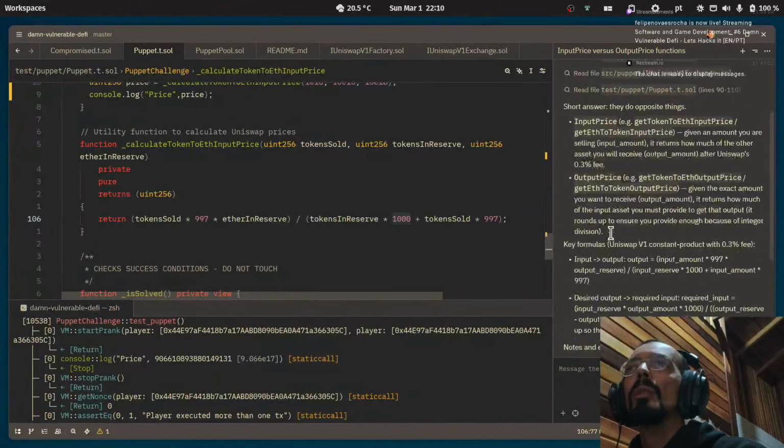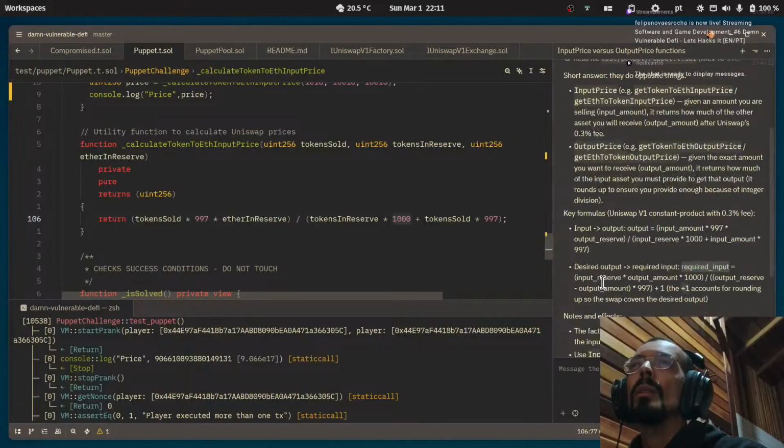So key formulas: that's gonna use the constant product with the 0.3 fee as input, and desired output requires input reserve, output divide, etc. And the +1 accounts for rounding up, so the swap covers the desired output.